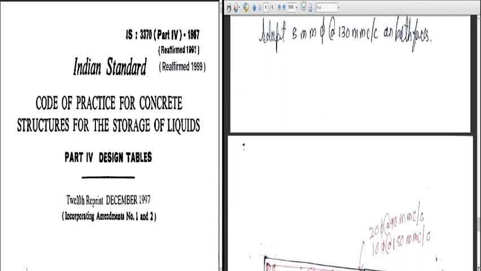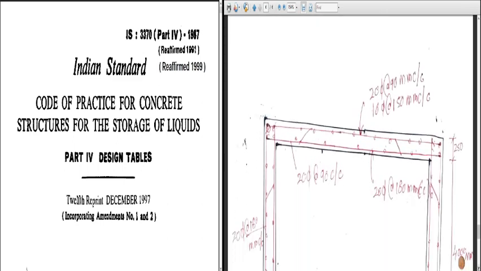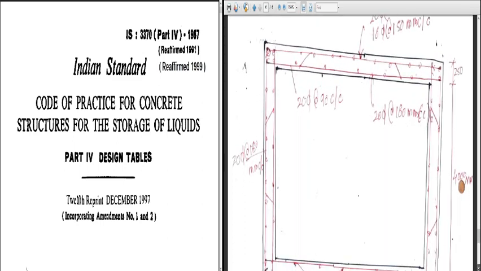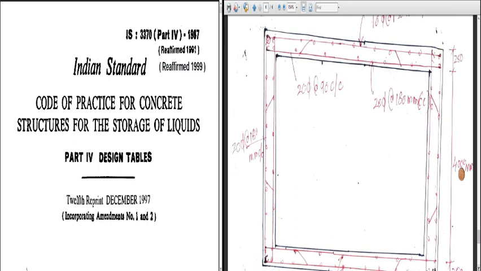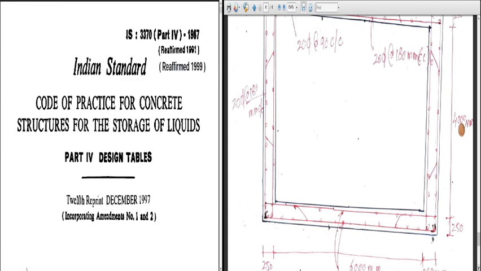So regarding the reinforcement, we will discuss in the next one. So this was the design of rectangular water tank for this lecture, and we have discussed the moment, which is calculated according to the moment distribution. So you have to go through the moment distribution, how we have solved for the frames.